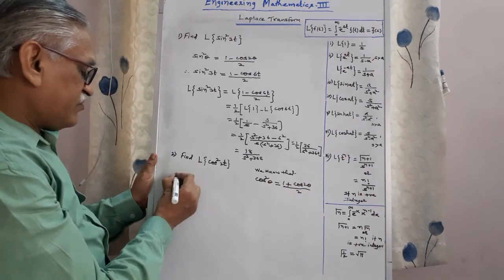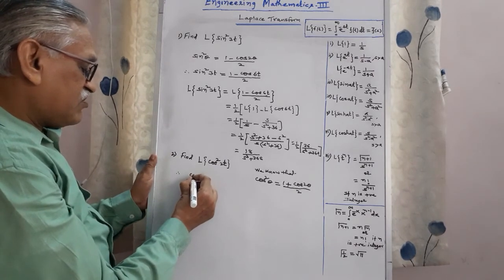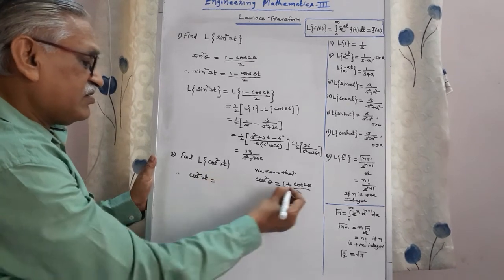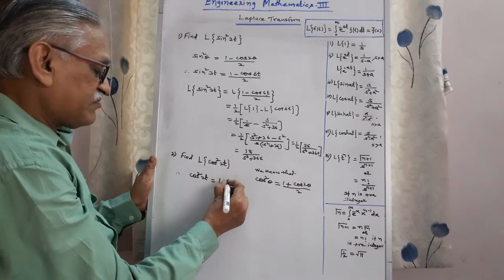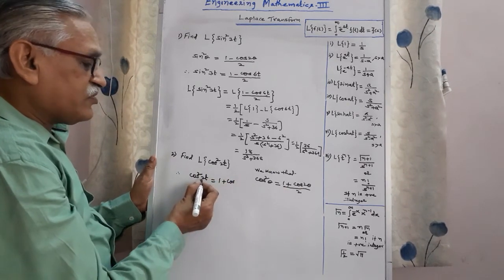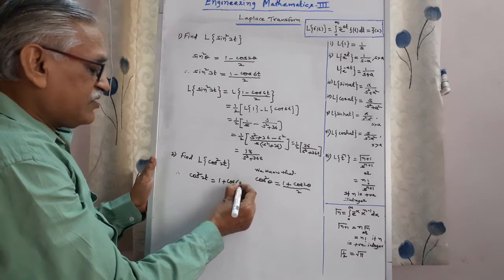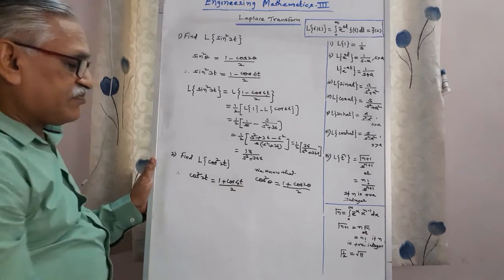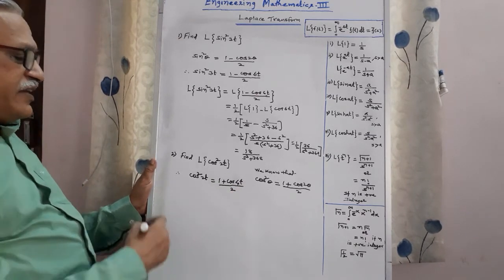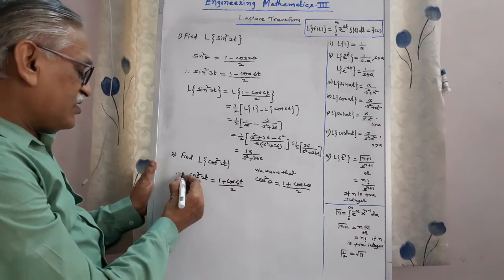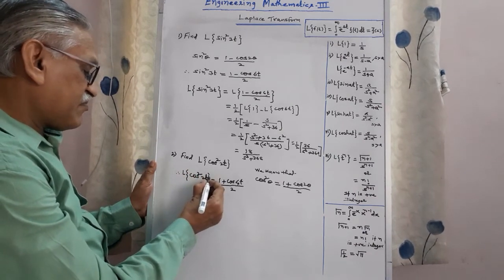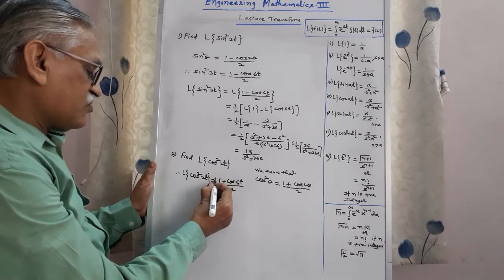and therefore this cos square 2t is 1 plus cos of 2 times 2t, which becomes 4t, divided by 2. Okay, and then taking Laplace on both sides, Laplace of this means the Laplace of this.